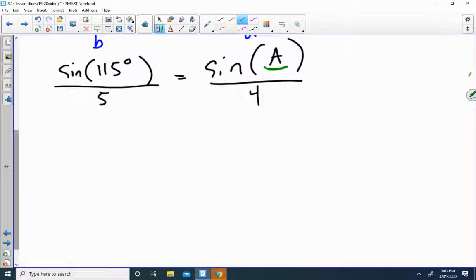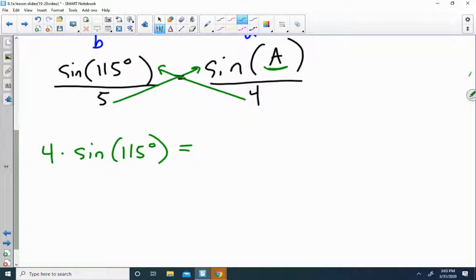And let's first start by cross-multiplying. Multiply this way. You'll get 4 times sine of 115 degrees, and that's going to be equal to 5 times sine of A. All right, so again, our objective is we need to solve for A. Well, let's not deal with the sine just yet.